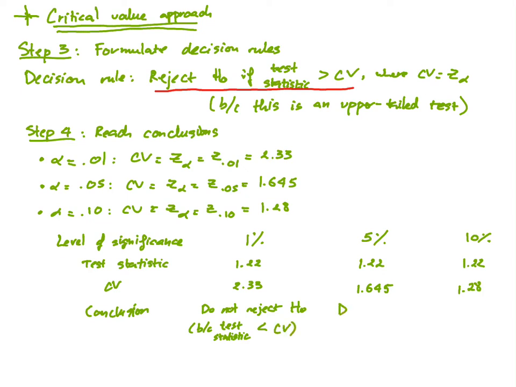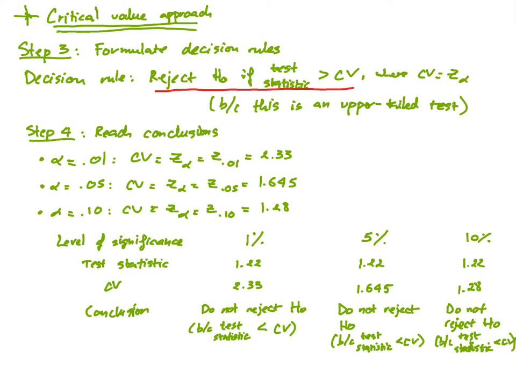We also do not reject the null at 5%, again because the test statistic is less than the critical value, and we also do not reject the null at 10%, right? Because the test statistic is less than the critical value. Okay.